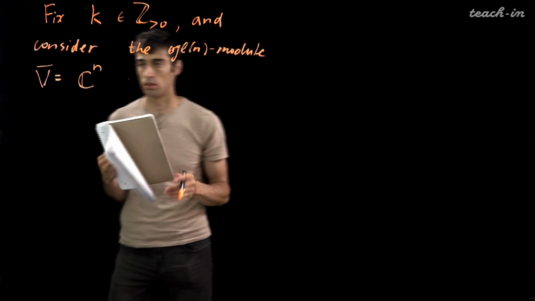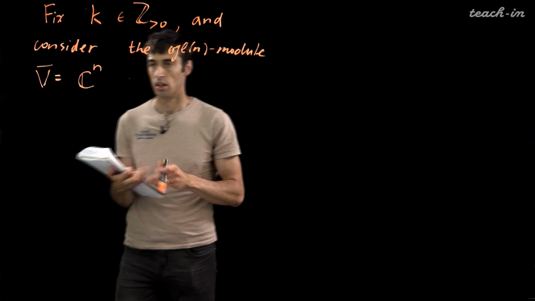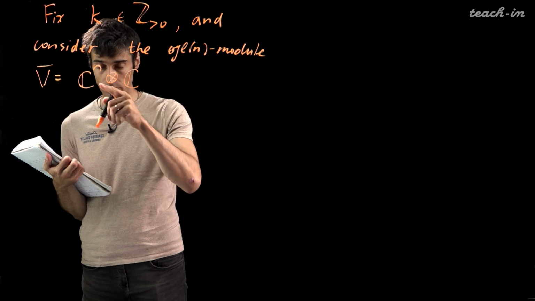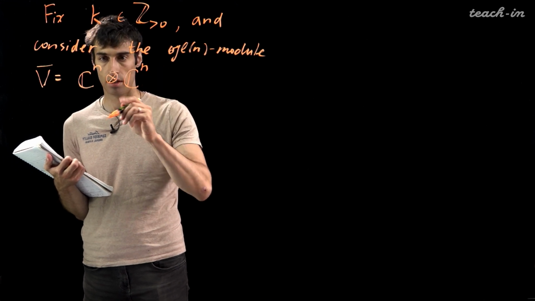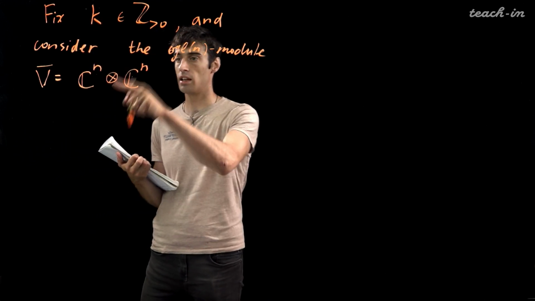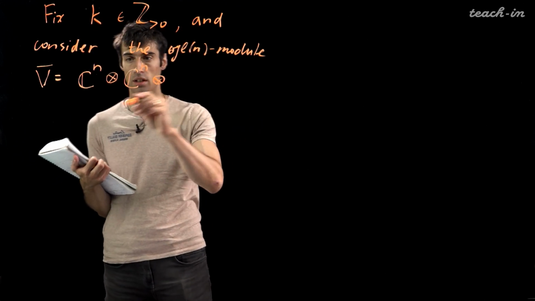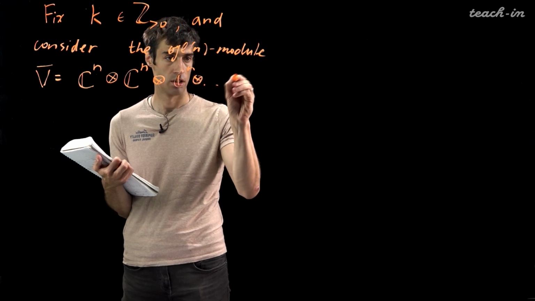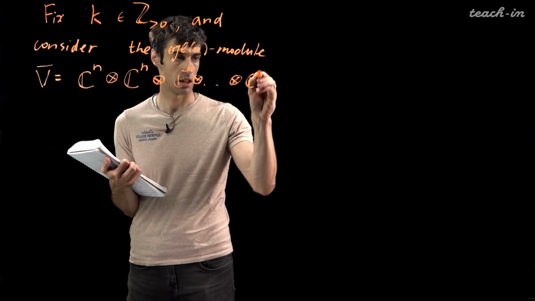This is what I call tautological representation, and then I consider tensor power k of Cn. So I take Cn tensor Cn, and so on, k times.